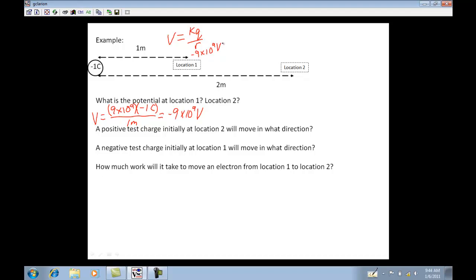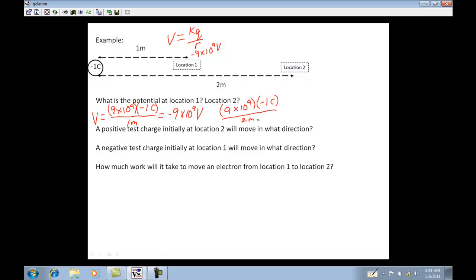So the potential at location 2, I would calculate in a very similar way. I'm going to use K, which is 9 times 10 to the ninth. I'm still using the same charge, negative 1 coulomb, and I'm going to put in the distance. The new distance for location 2 will be what? 2 meters.